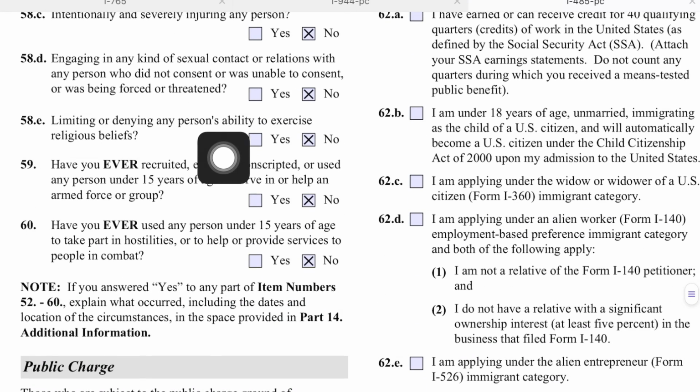Limiting or denying any person's ability to exercise religious belief? No. Have you ever recruited, enlisted, conscripted, or used any person under 15 years of age to serve in or help an armed force or group? No. Have you ever used any person under 15 years of age to take part in hostilities or to help or provide services to people in combat?